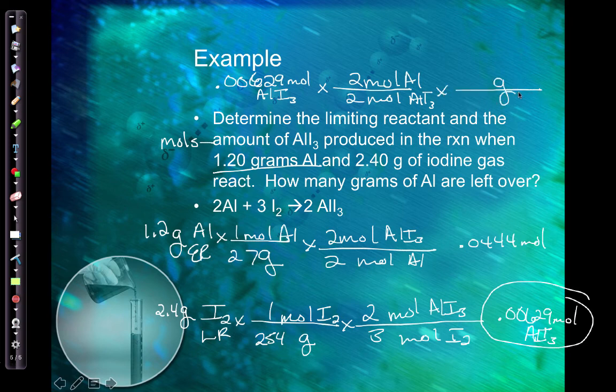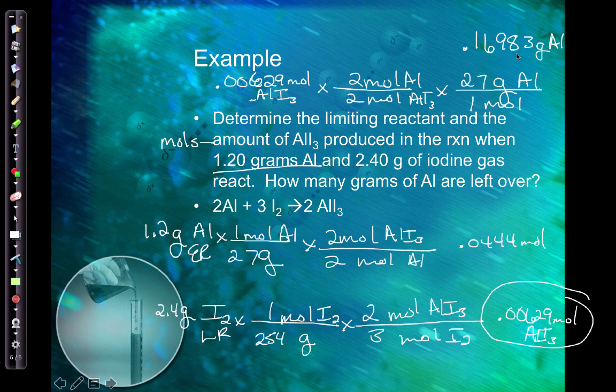Now let's go to grams of aluminum, because we started with grams here, so I need to compare that. So 1 mole is equal to 27. So now when I do this math, I'm going to see that it takes 0.16983 grams of aluminum to create this much product.